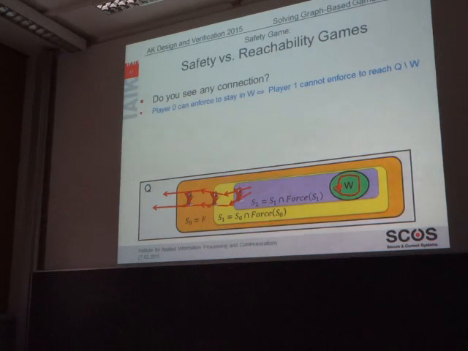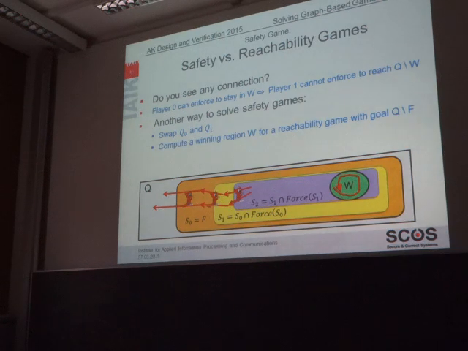So, a different way for computing the winning region for a safety game would be we swap Q0 and Q1. This way, basically, we can look at the game from the perspective of the other player. Then we compute a winning region for the reachability game with goal Q without F.